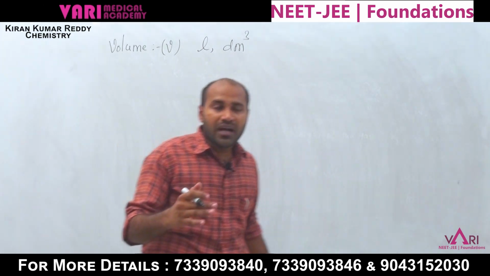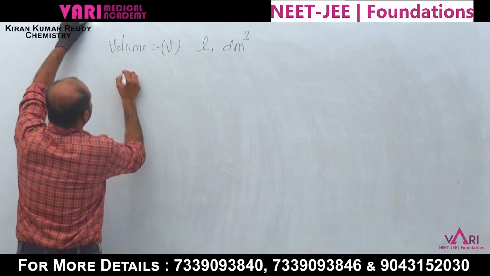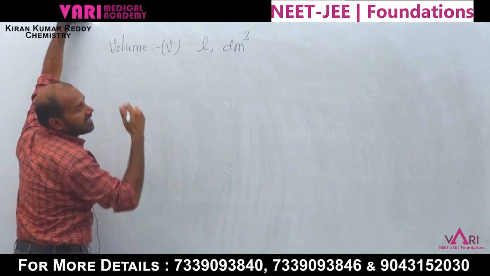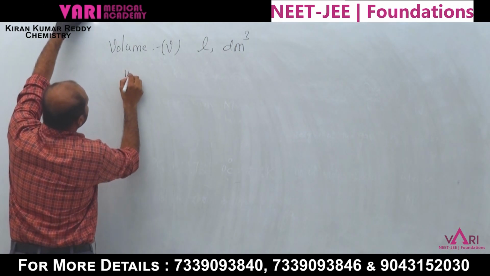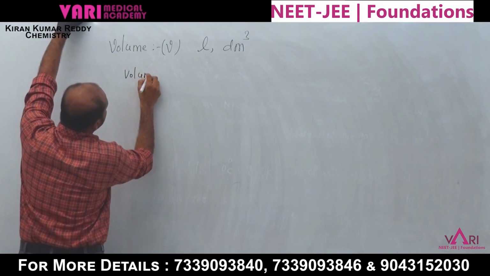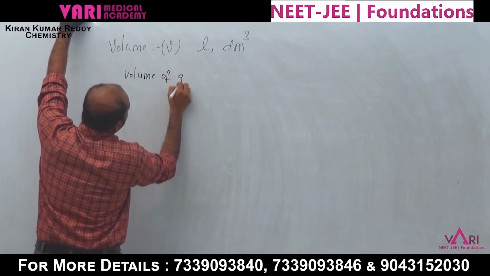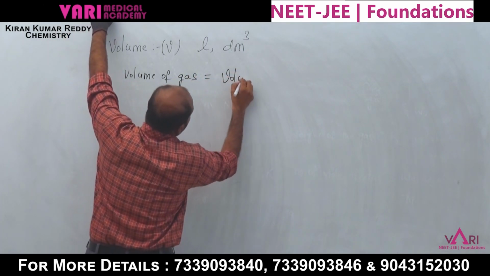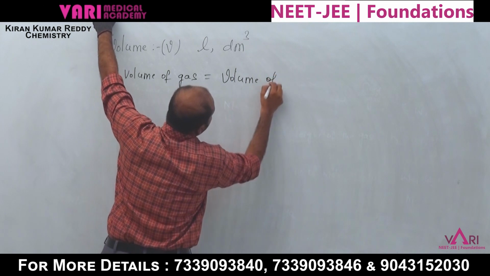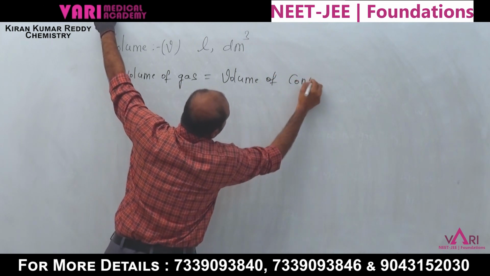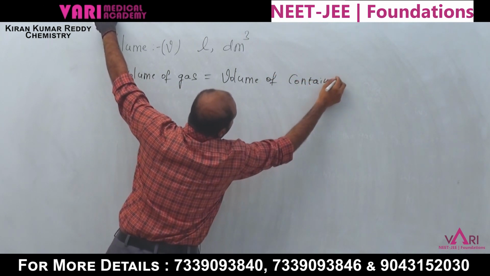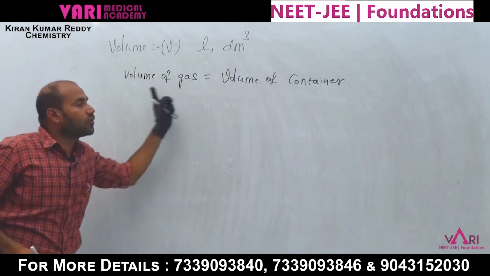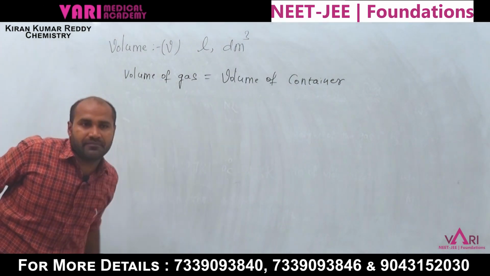If the gas molecules occupy a vessel, volume of gas is equal to volume of container, because the gas can spread all over the container. That's why volume of gas is equal to volume of container.